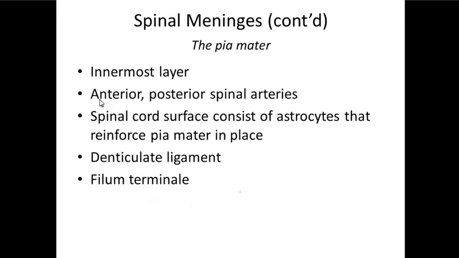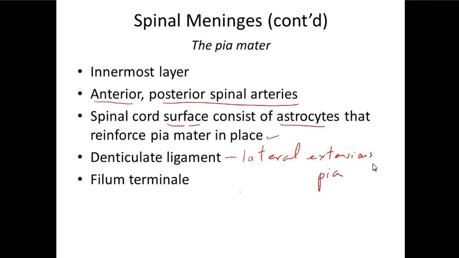Again, it is in intimate contact with the anterior and posterior spinal arteries. The surface of that pia mater has astrocytes that reinforce the pia mater in place. You have the denticulate ligament. These are lateral extensions of the pia, right?